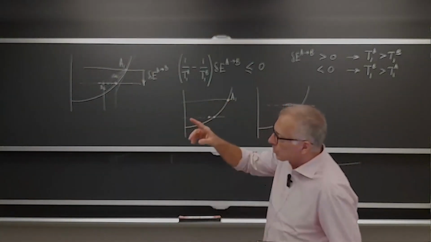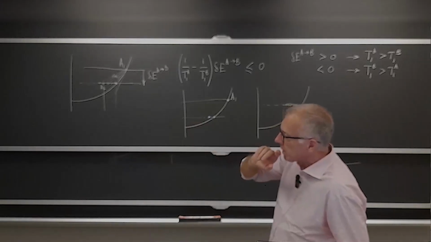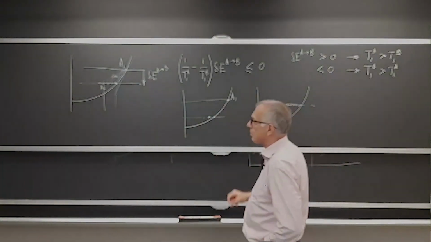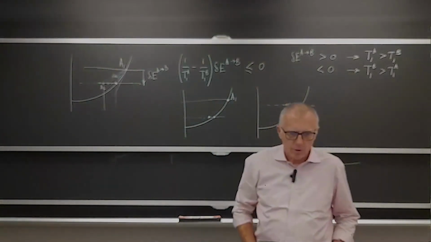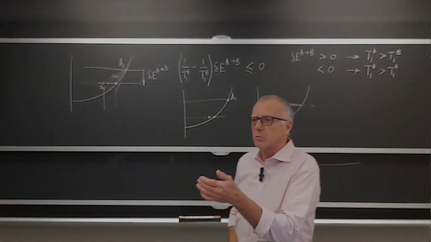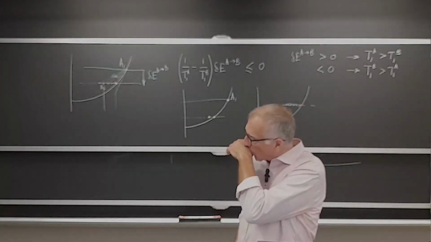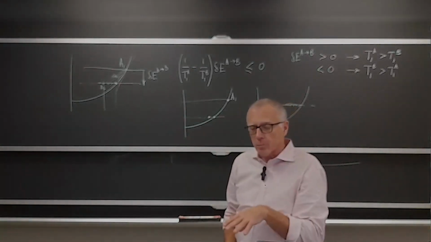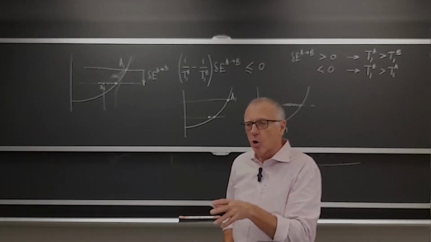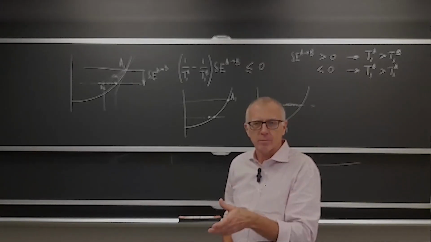So next time we'll do work and heat, but let me anticipate the idea. First of all, we define work as an interaction in which there is no entropy transfer.